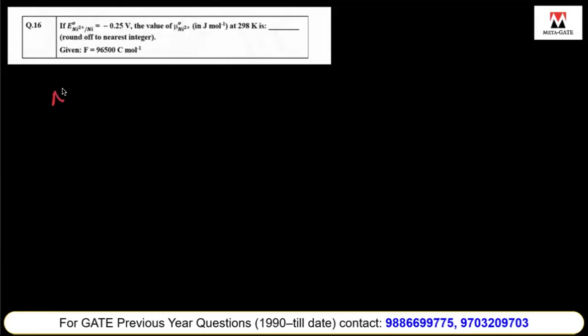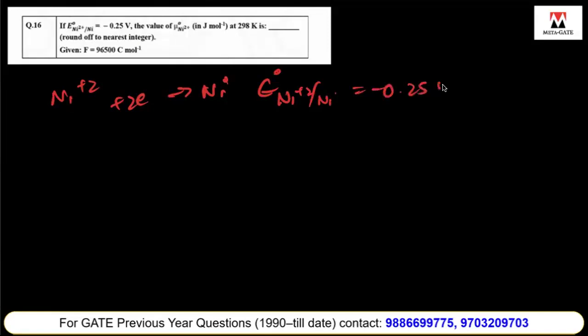Okay. So the reaction is nickel plus 2 plus 2 electrons gives rise to nickel. So E naught of nickel plus 2 to nickel is minus 0.25 volts.